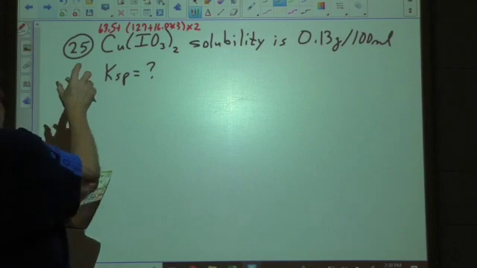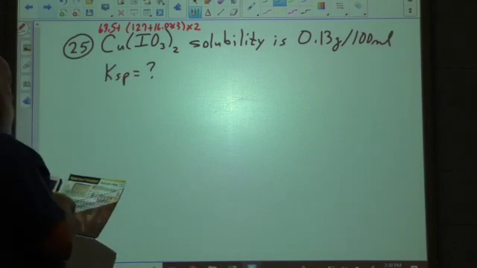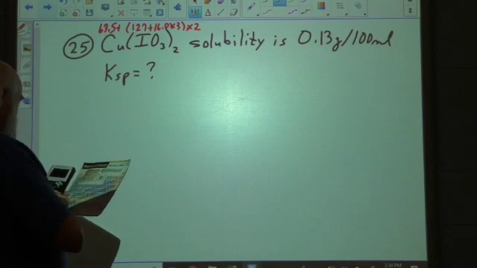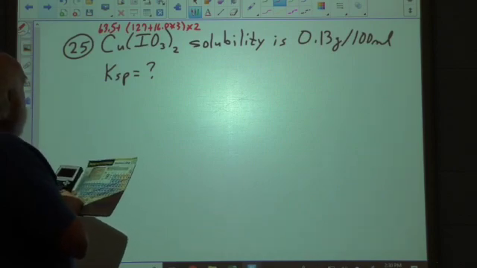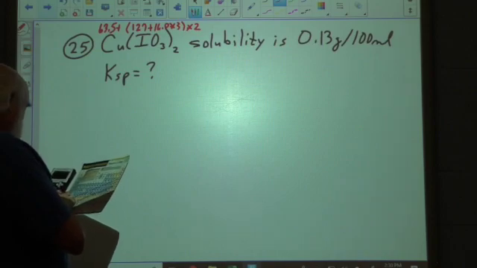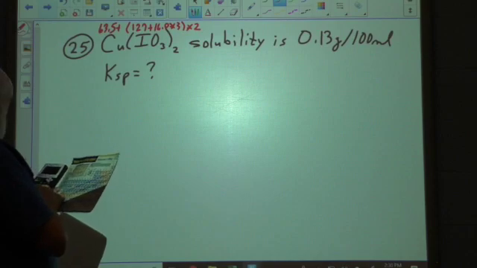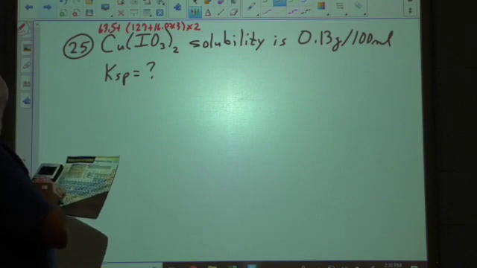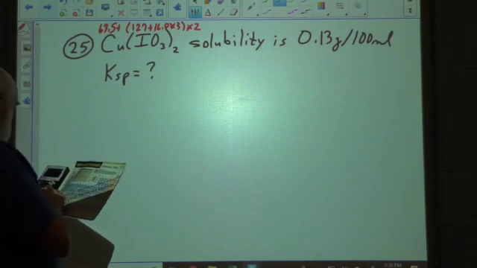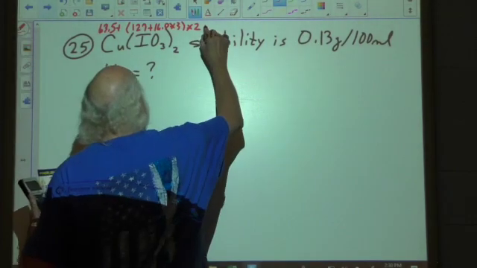It really helps to write the parenthesis and the times sign exactly in the order of the compound. That way you don't forget something. 127 plus 16.0 times 3, close parenthesis, and then times 2. And I get 414, rounded off to 3 sig figs.